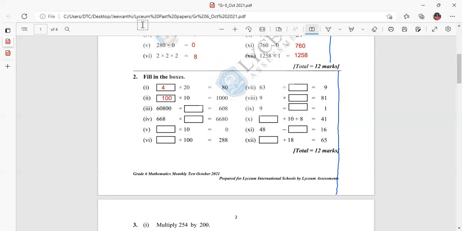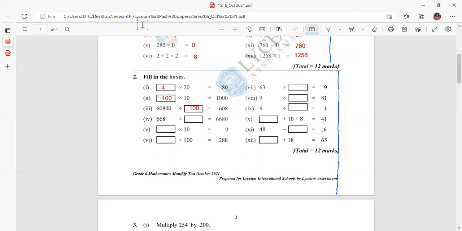Okay. So then you have 60,800. Then when you look at the answer, you don't have those 2 zeros at the end. What should happen? So then that number should have been divided by 100, right? So that's how, now in the answer, you don't have the 2 zeros at the end.